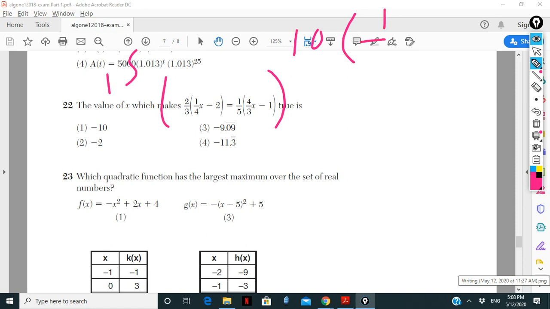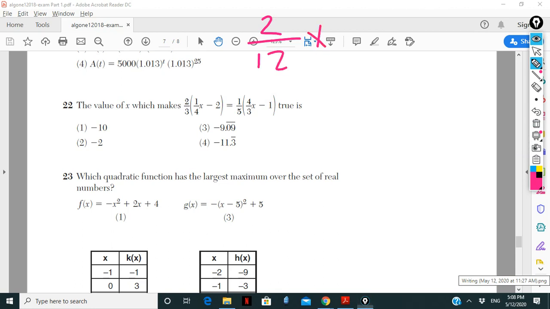Or first we can make a distribution. So that's going to be 2 over 12x minus 4 over 3 equal to 4 over 15x minus 1 over 5.